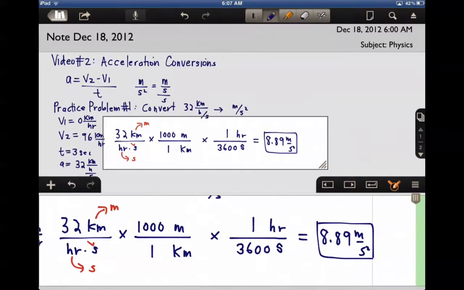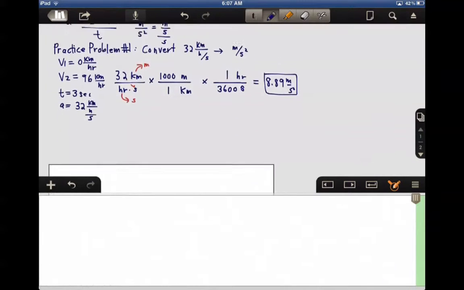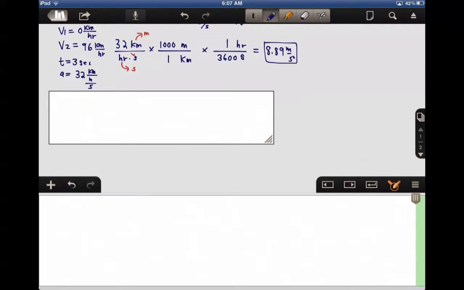Okay, practice problem number 2. So we're given an acceleration. If my car can accelerate at 12 miles per hour per second, how many minutes will it take for my car to speed up from 16 miles per hour to 40 miles per hour?